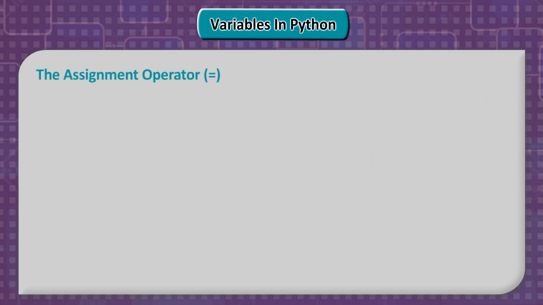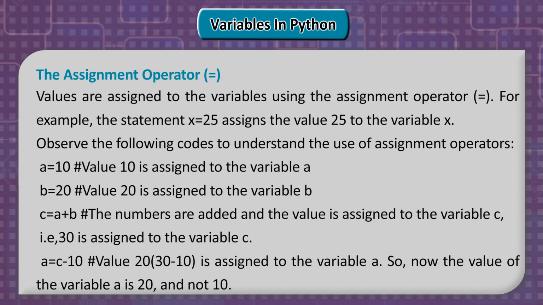The assignment operator. Values are assigned to the variables using the assignment operator, equals. For example, the statement x equals 25 assigns the value 25 to the variable x. Observe the following codes to understand the use of assignment operators. a equals 10, hashtag value 10 is assigned to the variable a. b equals 20, hashtag value 20 is assigned to the variable b. c equals a plus b, hashtag the numbers are added and the value is assigned to the variable c.